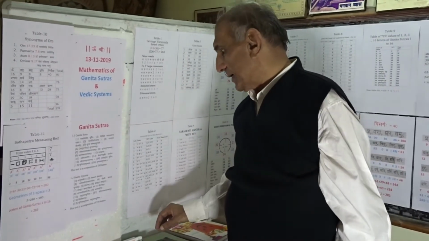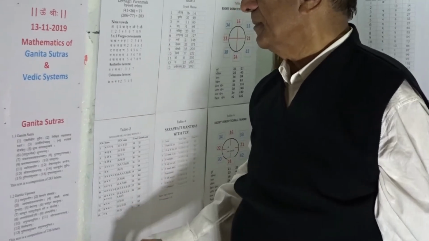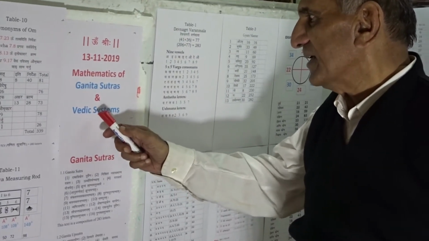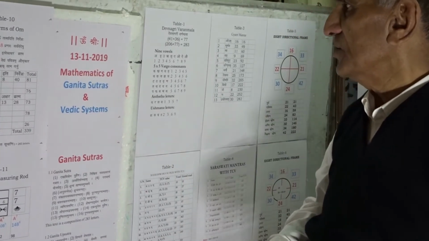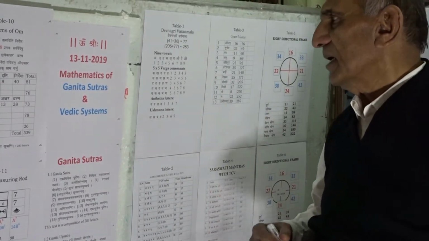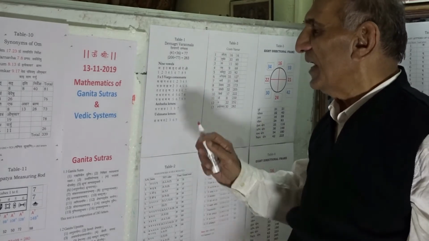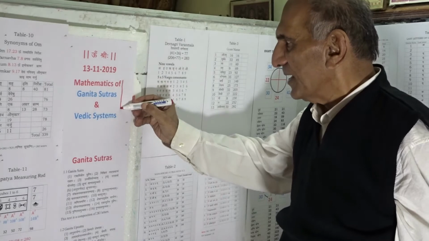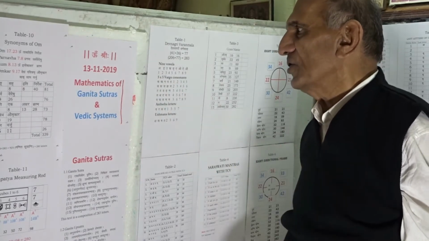Today we are taking up the mathematics of Ganita Sutras and Vedic systems to understand the compatibility of the values, features and formats of Vedic mathematics and Vedic knowledge organization.